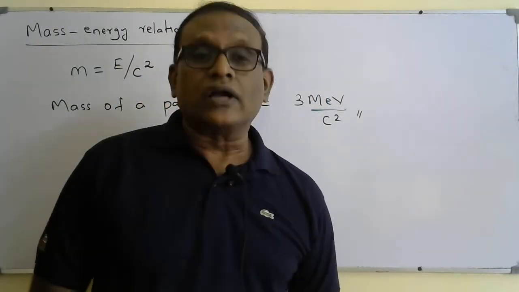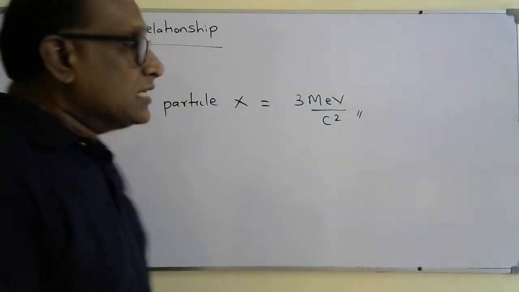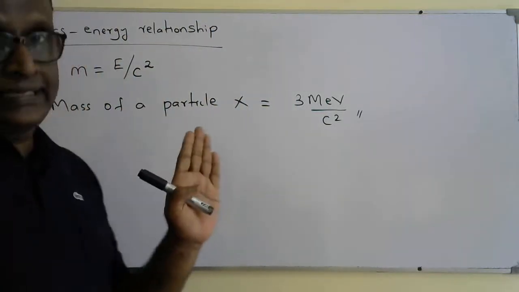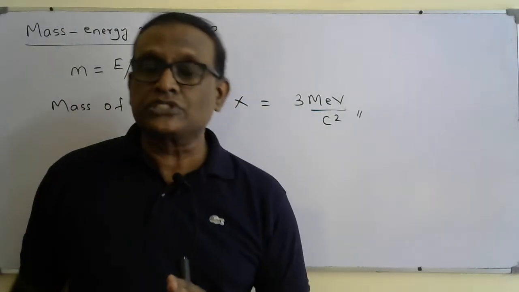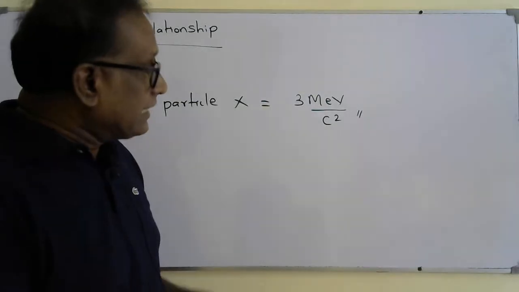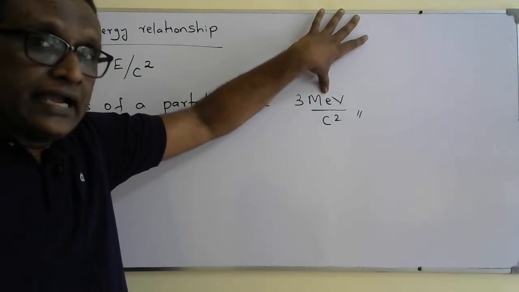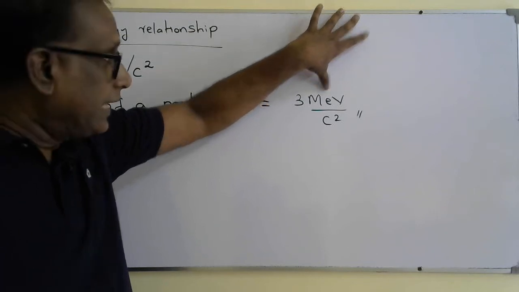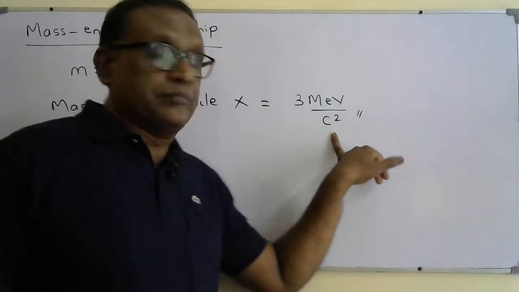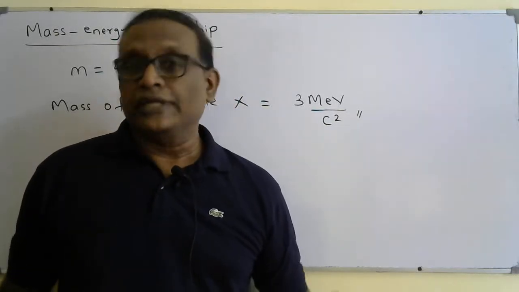This is a very important and common question in particle physics. Remember that the mass of a particle can be written in a new unit given in terms of energy, in electron volt, mega electron volt, giga electron volt or tera electron volt, divided by C squared.